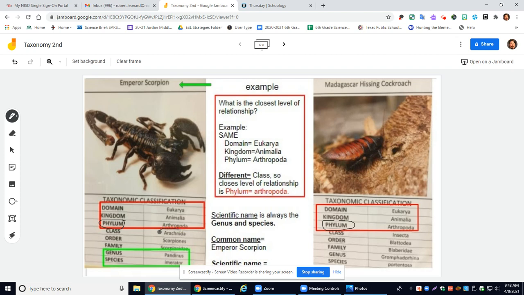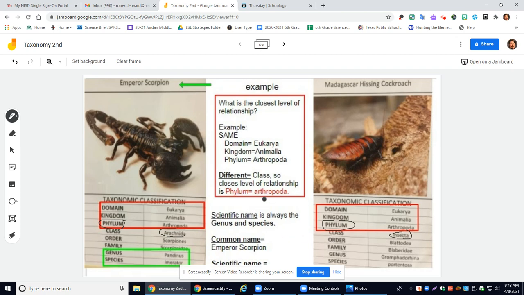Scorpions belong to arachnids, whereas Madagascar kissing cockroaches belong to insecta. Okay? So the directions for the assignment is to compare the closest level of relationship.